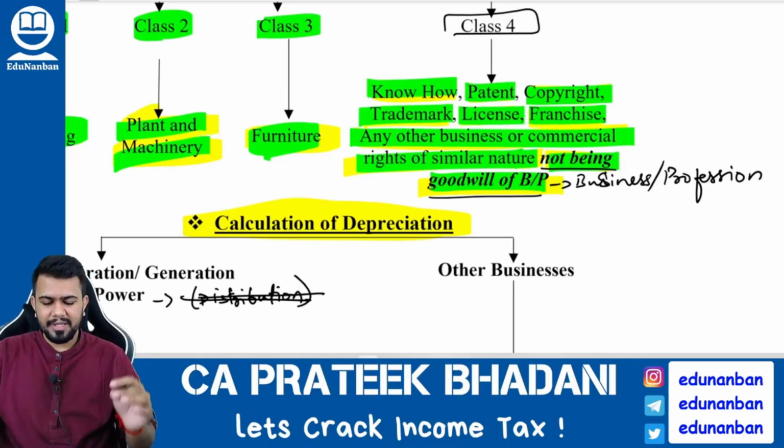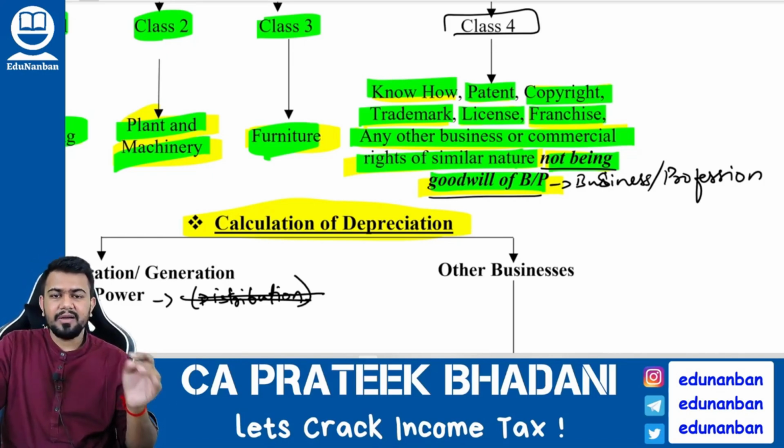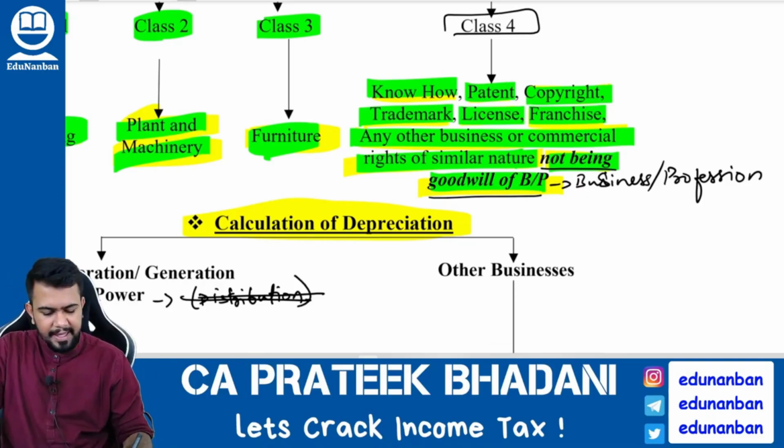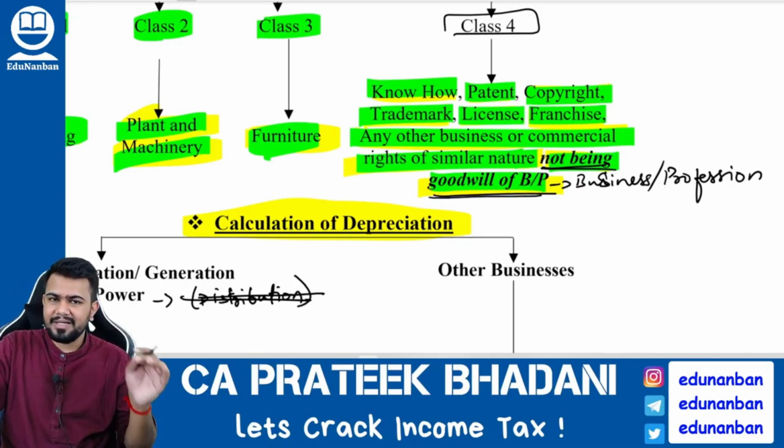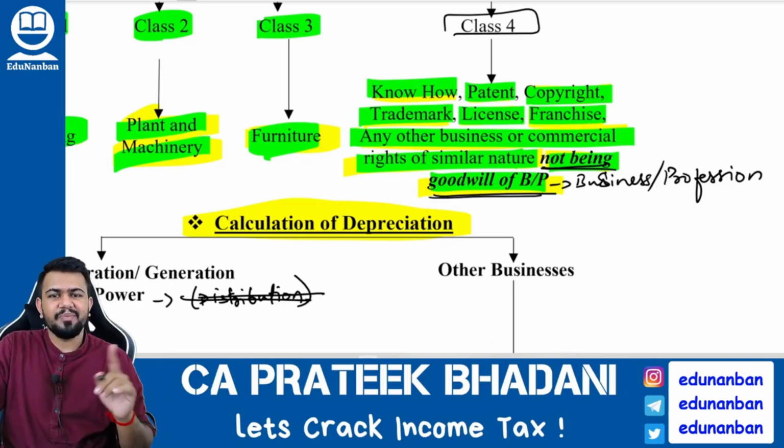Know-how, patent, copyright, trademark, license, franchisee, or any other business or commercial right of similar nature, but not being goodwill of business or profession. Hence, goodwill of business or goodwill of profession will not be considered as intangible asset. Since it is not intangible asset, it is not a depreciable asset.